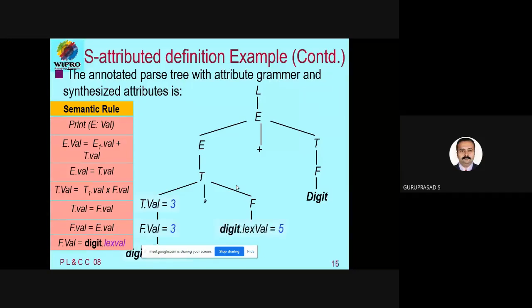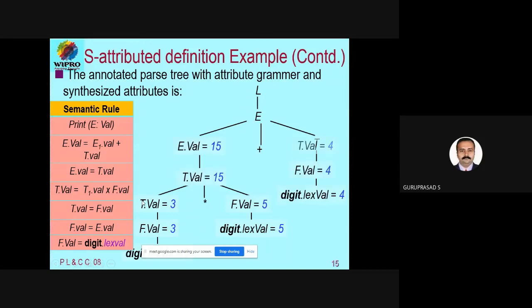As it is a synthesized attribute, all parents' attribute values are computed from the child. So digit is computed by digit.lexval, meaning whatever value is returned by the lexical analyzer. So F.val is computed from digit.lexval. Similarly, T.val is computed from F.val according to the semantic rules. Finally, we got E.val, which is computed. In this entire process, all the attribute values are computed from child to parent.